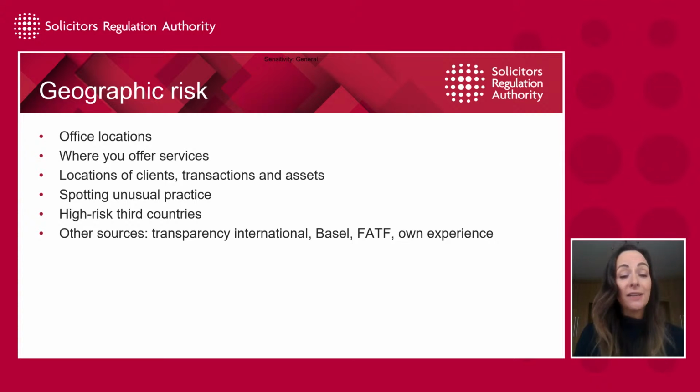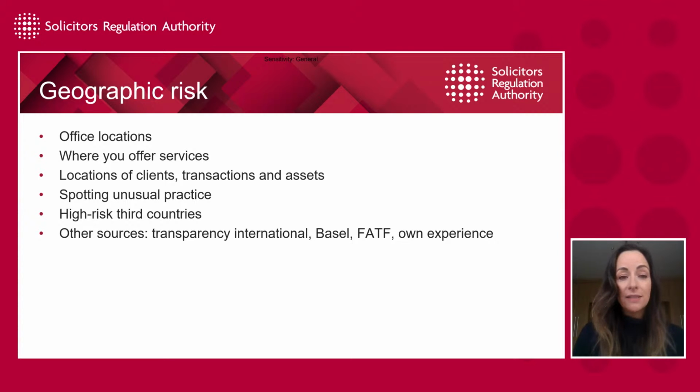So it's really good practice to use reputable sources of information. Some of these you might have heard of: Transparency International, Basel, and obviously the Financial Action Task Force. You could use a combination of these as well if you wanted to determine country risk. And it's also good practice to have a system in place for identifying high-risk third countries, which does not need constant updating.